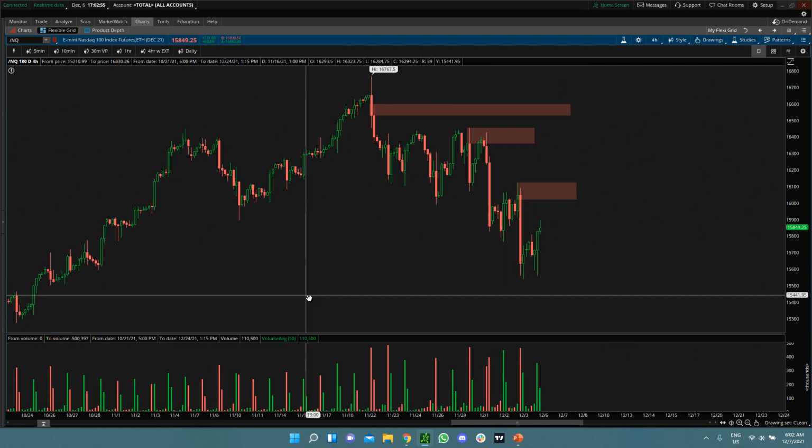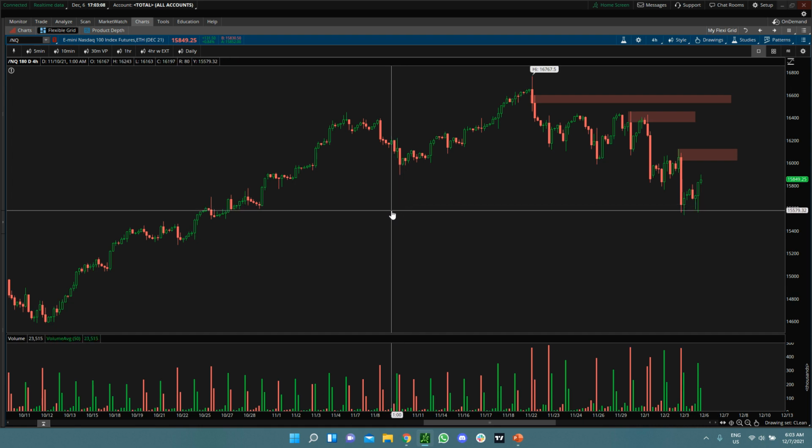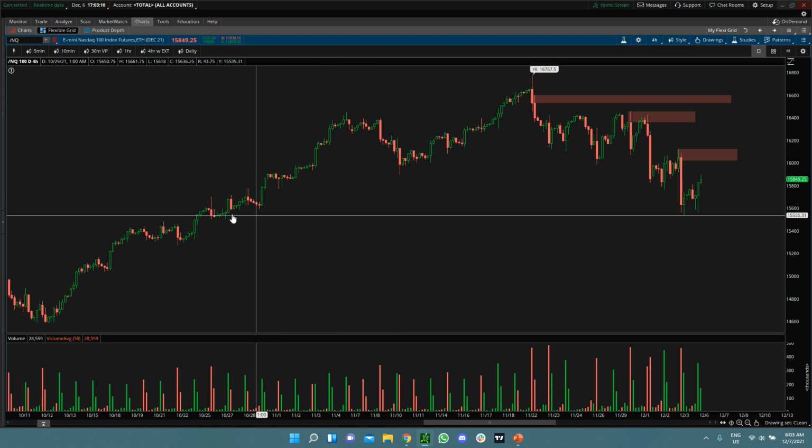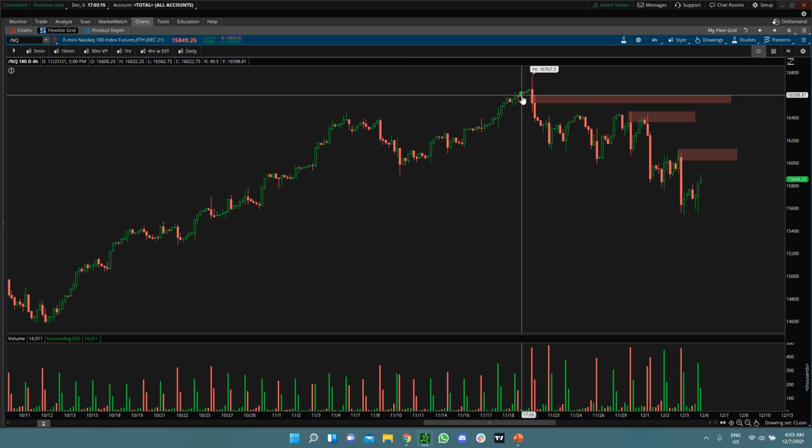So for me, most often, I just leave my zones up. I never delete them unless they are breached. I consider those invalidated. But most of the time I just leave my zones up, set an alert. Eventually, if it comes down or goes up, that's where I'll enter a short position.